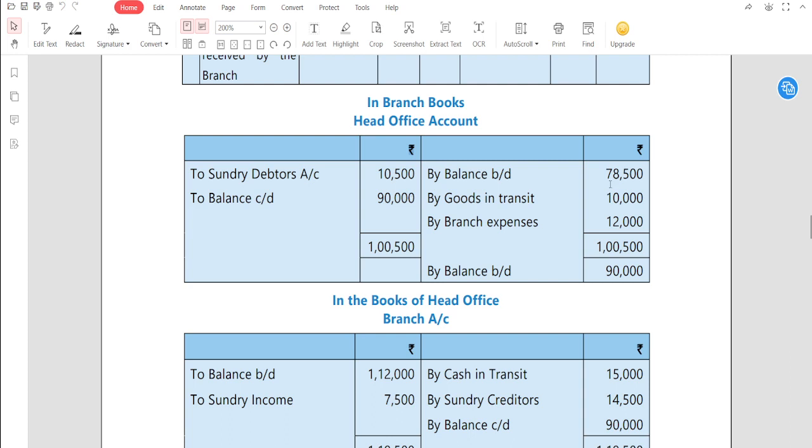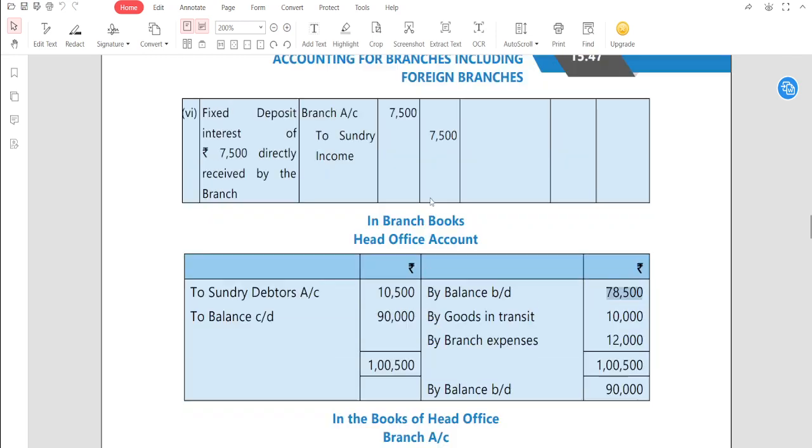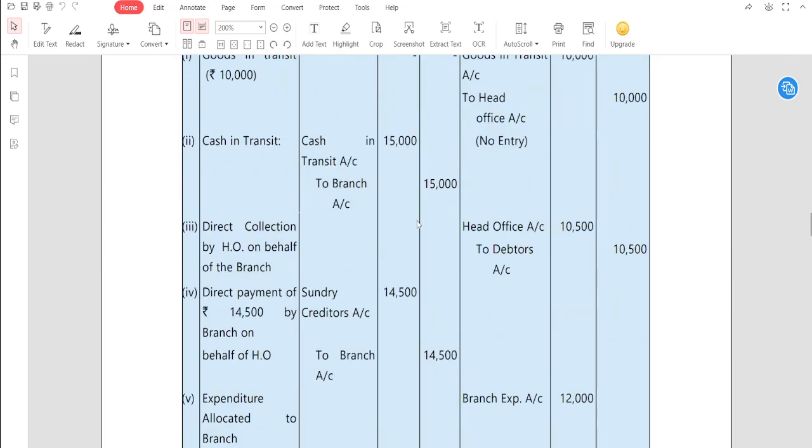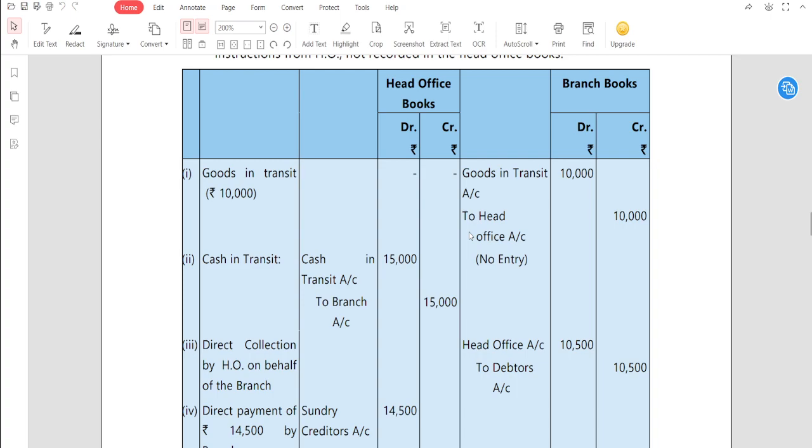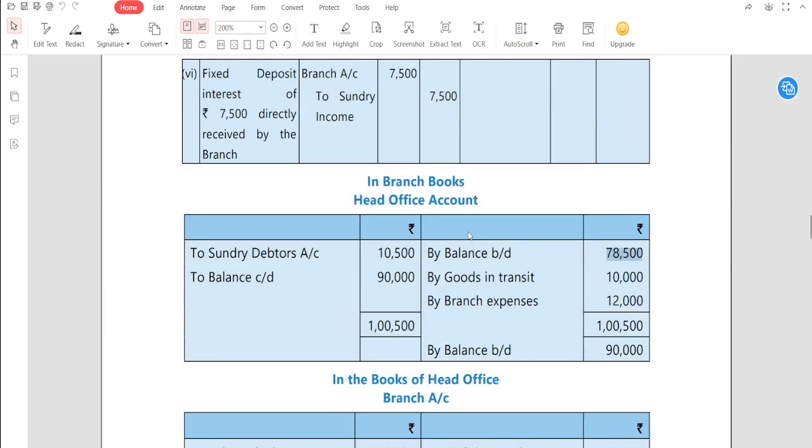Okay. So by balance B/D 78,500. We plot all the entries related to this. We plot the entries from there. Whatever the debit and credit in terms of the books, we just recorded here. And if we see the balance comes out as 90,000, it means the branch is going to pay 90,000 to the HO. Final liability comes out 90,000.